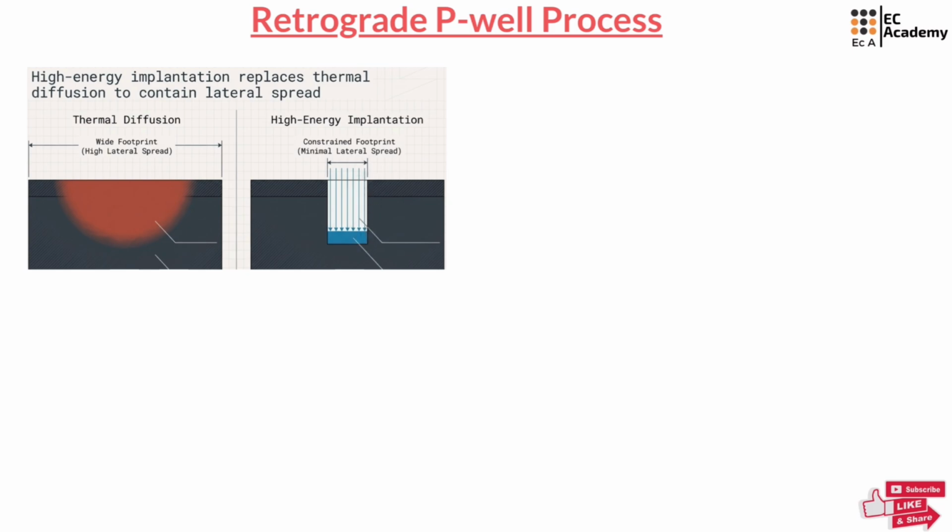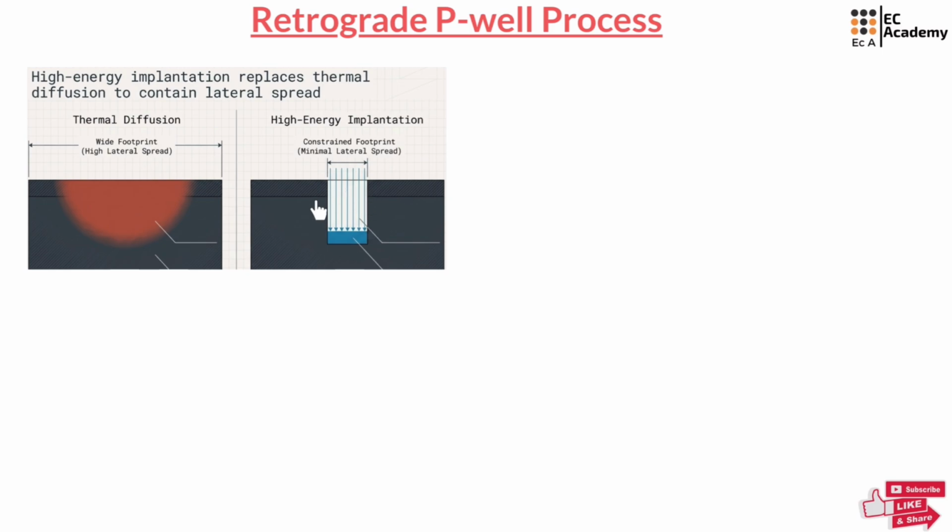So due to this, there will be reduced spreading. Because we shoot the boron straight down, the implanted dopant remains at a controlled depth. This will reduce the sideways spreading as shown in this diagram, or we can say it will reduce the lateral diffusion. So due to this, we will have a better packing density.